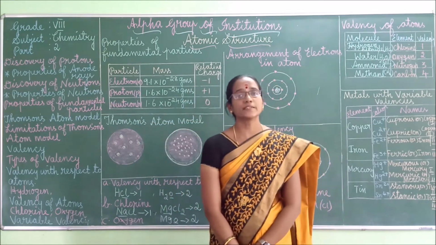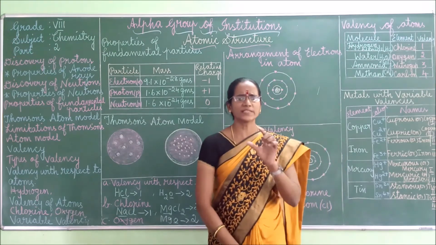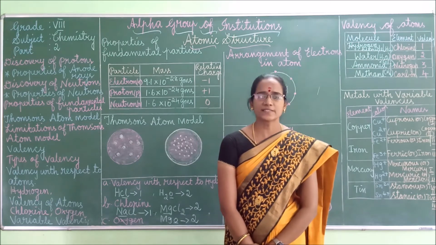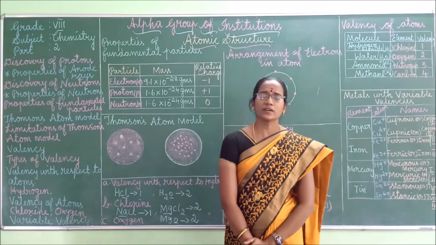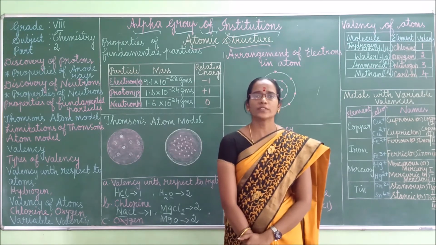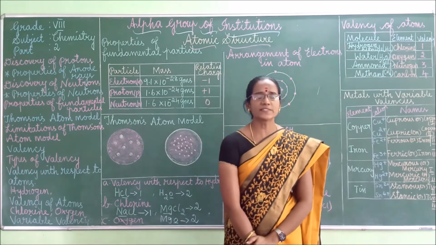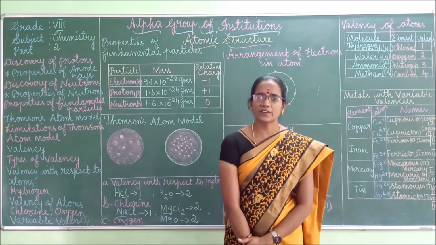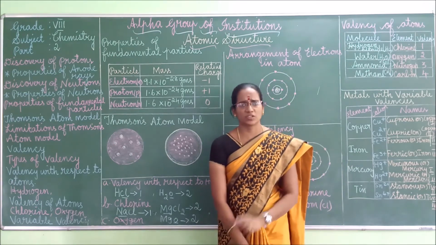Goldstein discovered protons. Goldstein used the discharge method that we already discussed in the last class, the cathode ray tube experiment. So here also Goldstein, by using the discharge tube, discovered the proton.